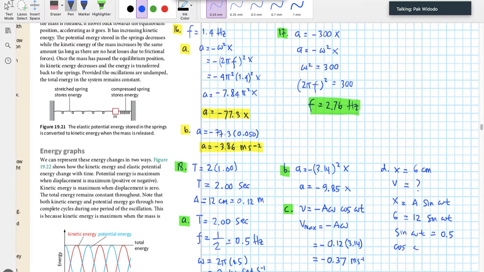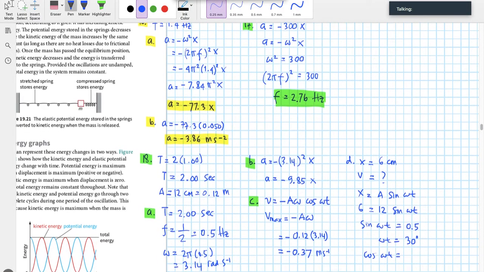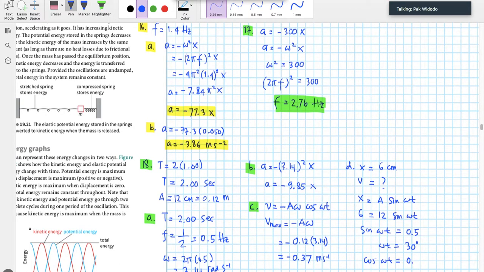And then omega t means 30 degrees. So cos omega t equals half root 3, cos 30 is 0.87.